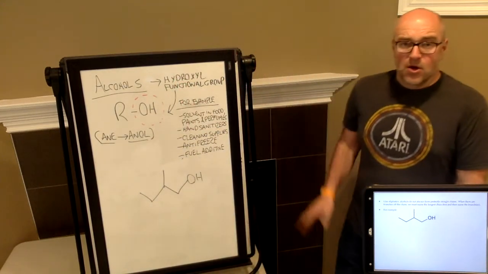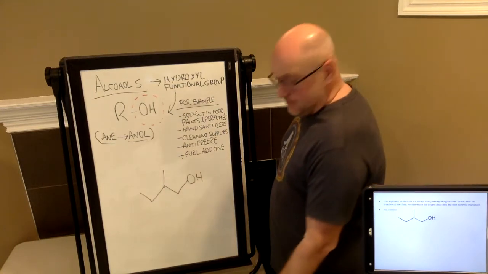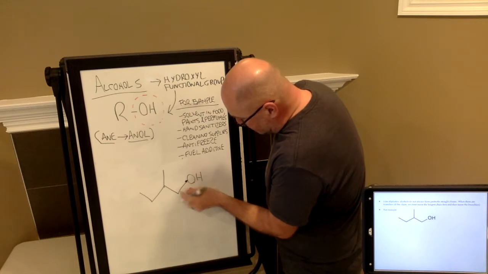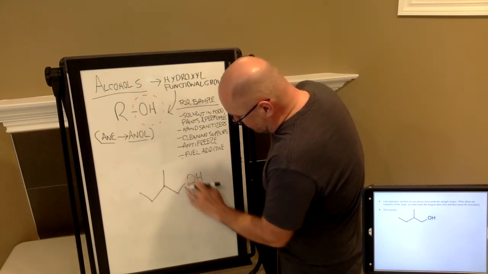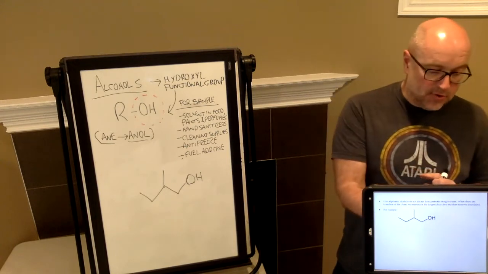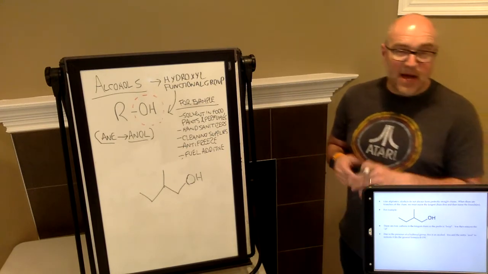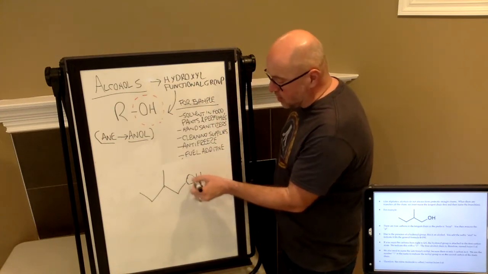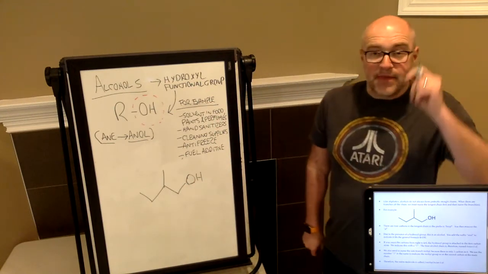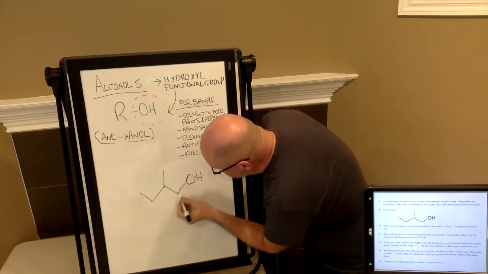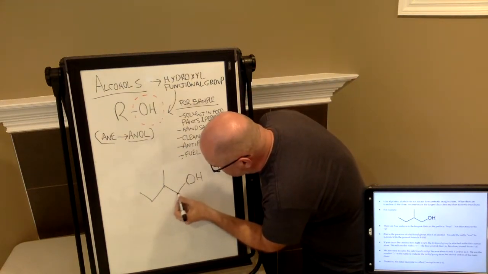Now, when I see this diagram, I do not count this as a carbon, because that essentially is my hydroxyl group. That is my hydroxyl group that is attached here. Because I've indicated that there is a hydroxyl group here, I know that it is like a side chain off the last carbon.